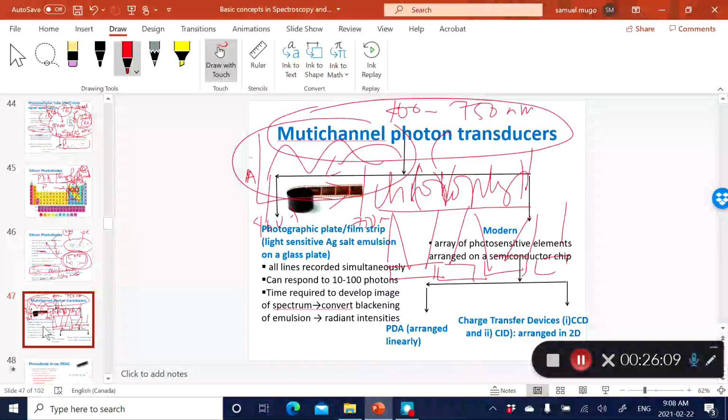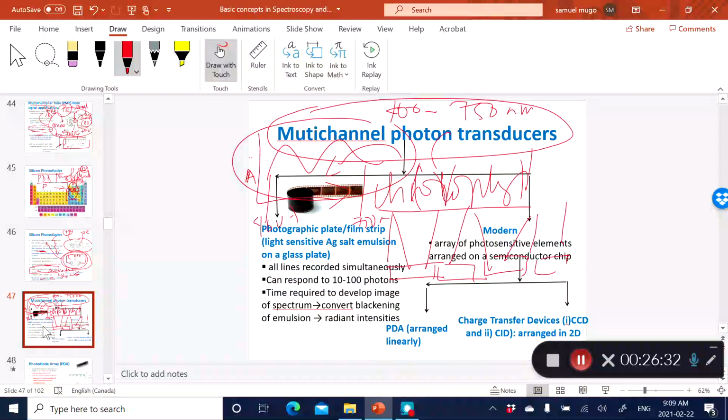The other approach is you can simply open the exit slit, and then you lay a series of detectors. That series of detectors is going to record your entire light in one go, as you record your spectrum simultaneously.